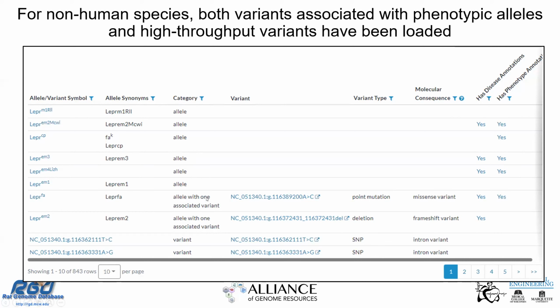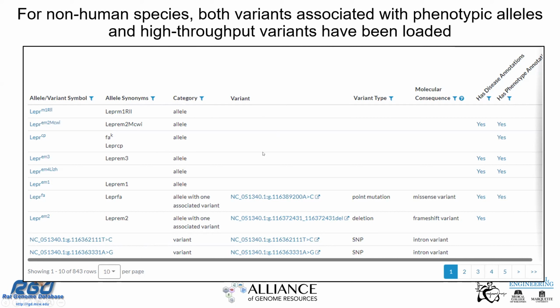So it would say allele with 2 associated variants and show both of the variants, for instance. And then you've got the high throughput variants that are categorized as variants. And you've got the HGVS nomenclature is used for both the symbol and for the variant designation. This link will go to JBrowse at the Alliance so that you can view this variant in its genomic context.